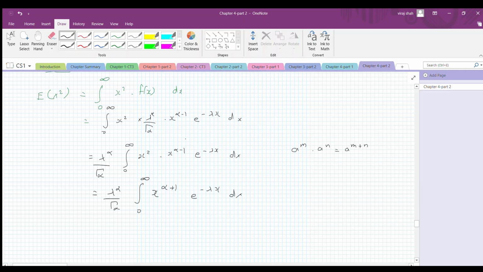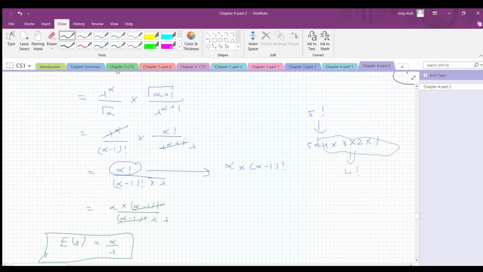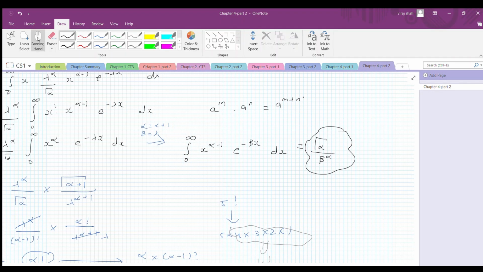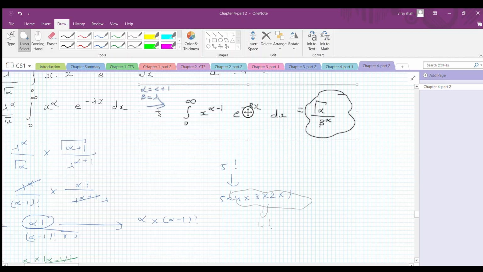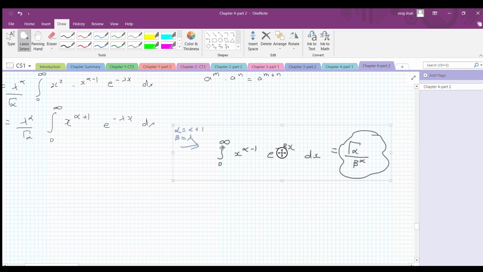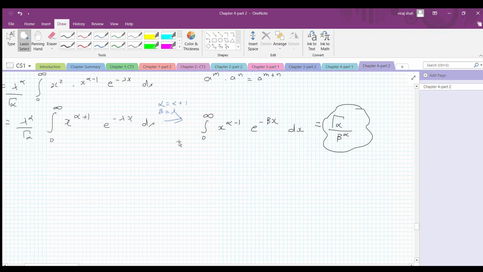Now basically I can compare this with my gamma function. Similar steps as the expectation. Okay guys, so let me just copy paste it now. So now I'm comparing it with my gamma function. What do I get? I get my beta as nothing but lambda.